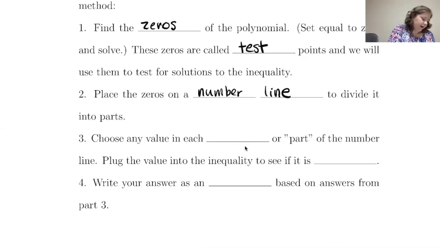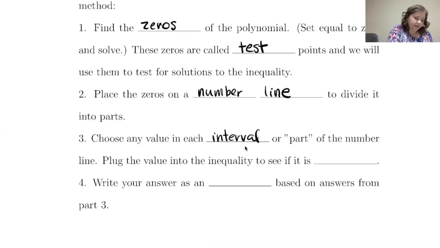Once you put them on the number line, that is going to split up your number line into little intervals. In each interval, you're going to pick a point. So choose any value in each interval, pick a point. And that is what we're going to test.